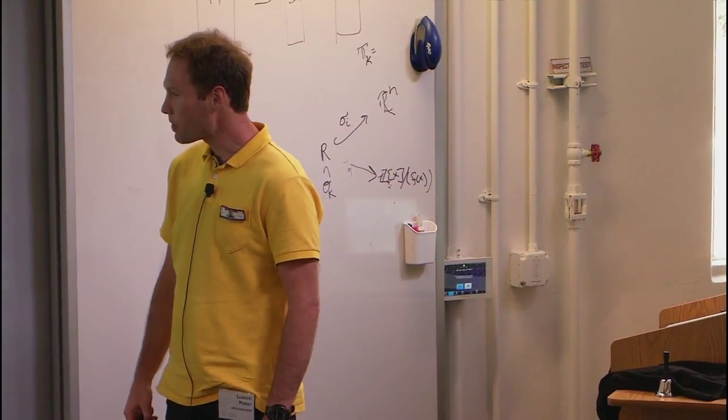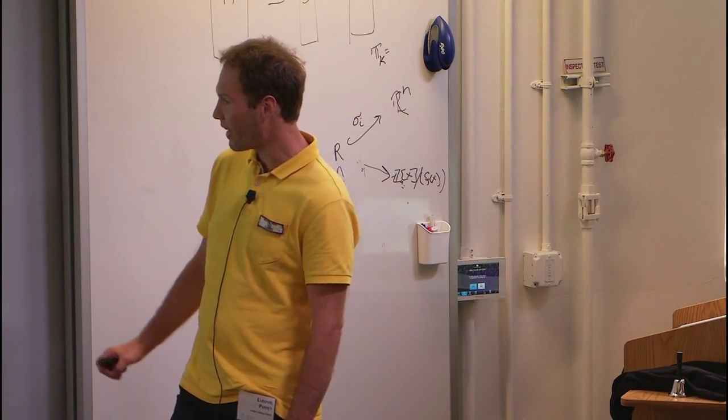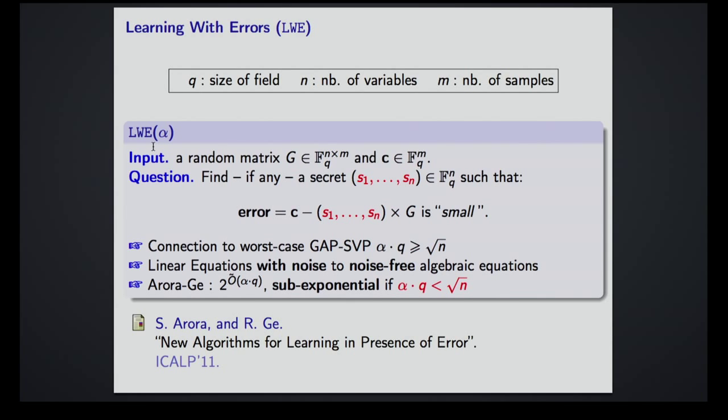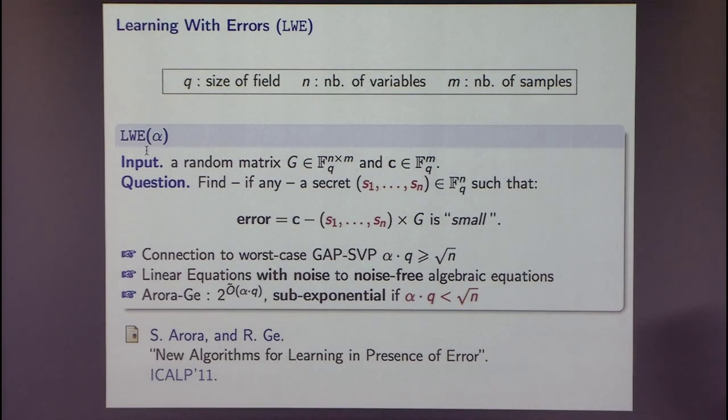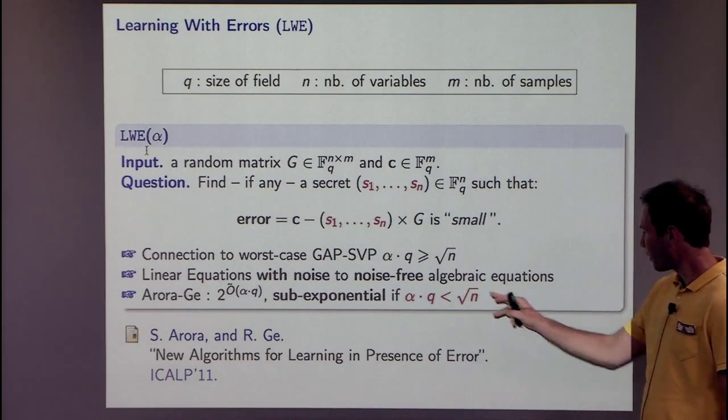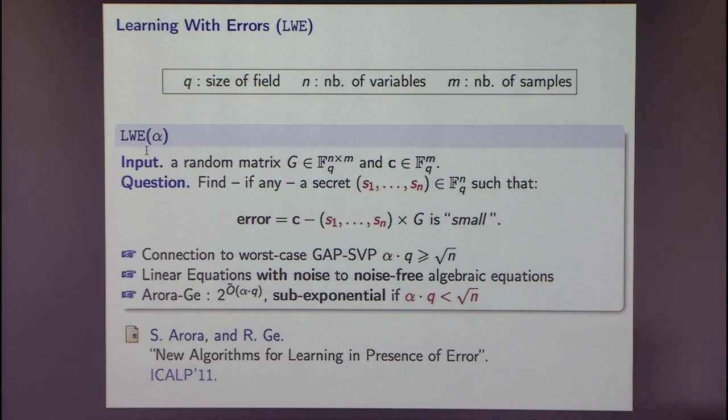What is very nice with this result is that it gives you a very simple algorithm, which is exponential in the square of alpha q, and it turns out to be sub-exponential if the parameters are slightly less than what the security reduction requires.